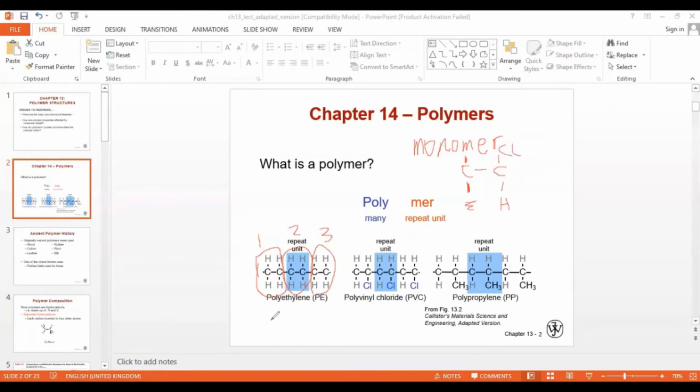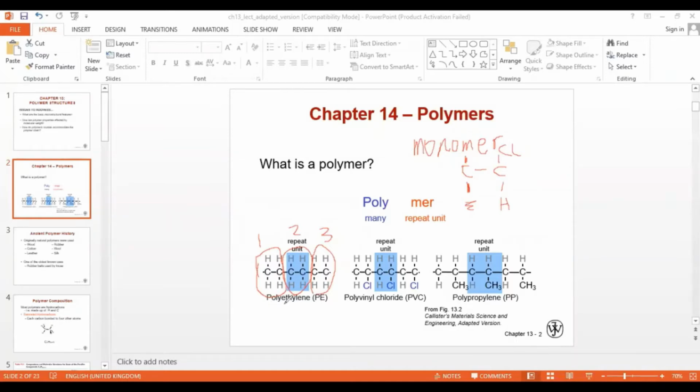All right, so let's come back to this polyethylene. This C2H4 is the monomer which is going to repeat again and again. A number of ethylene units form together to make a chain, a lengthier chain, which is called poly of that particular monomer.